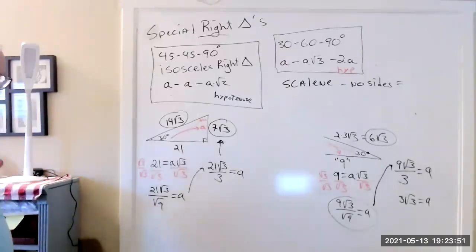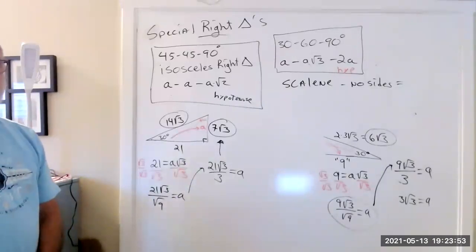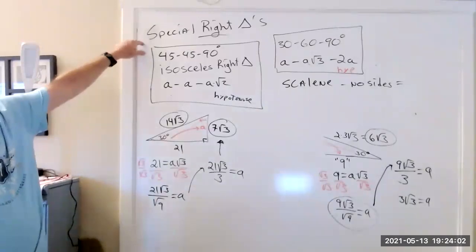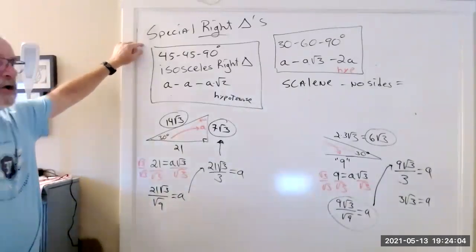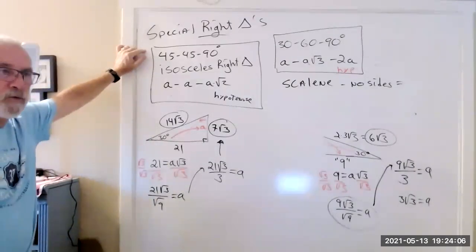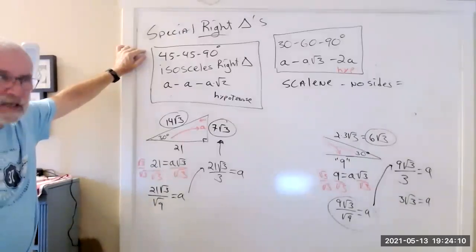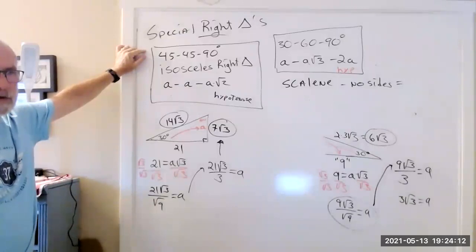Okay. There was a worksheet I suggested the other day that you download. It's on Canvas. It's in the Chapter 11 module that says Special Right Triangle Worksheet. It's just got a whole bunch of these triangles all over it and asks you to find all the missing sides. And I believe the answers are on the worksheet also.